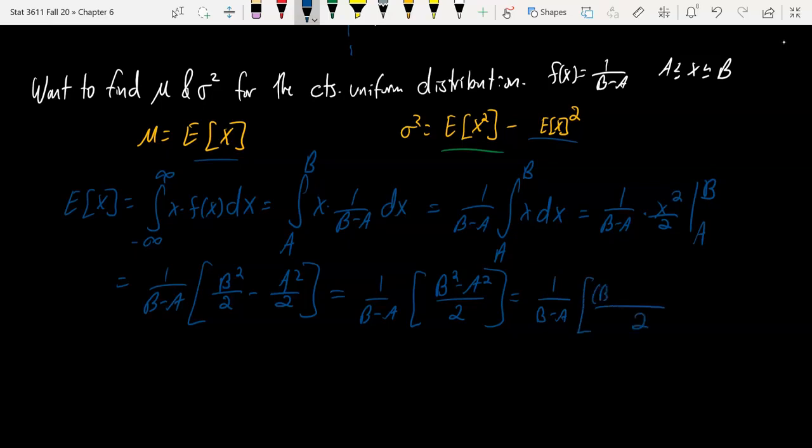That is a difference of perfect squares, so that is b minus a times b plus a. And we can see now we've got a nice cancellation, and so we're just left with b plus a over 2, or a plus b over 2.